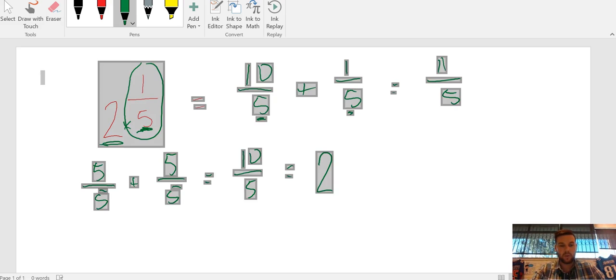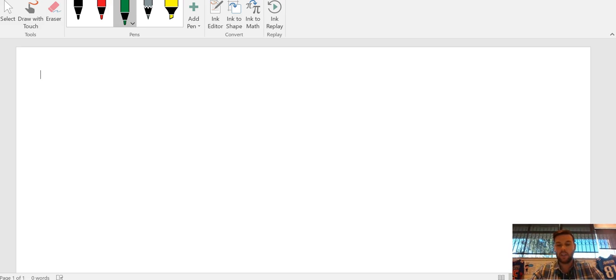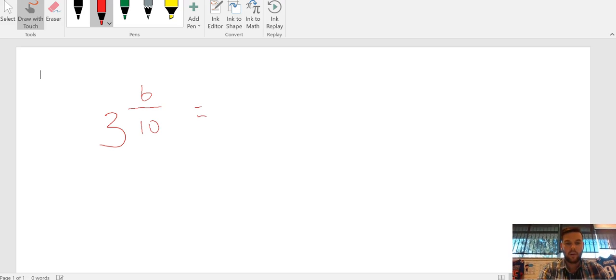Let's do another one, because it's a bit tricky and it's something that I know we need to practice. If I give you 3 wholes and 6/10. The first thing we need to know is that we're working with tenths. So what I should do first is work out how much 3 wholes is the same as.